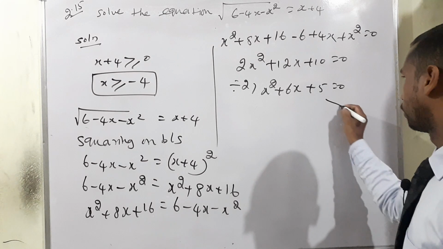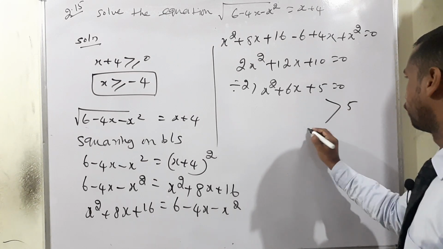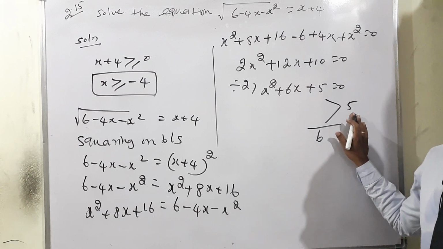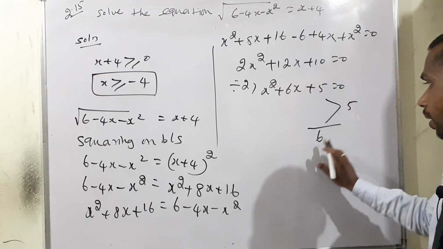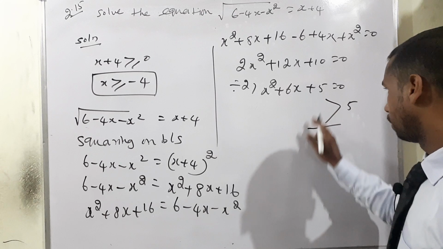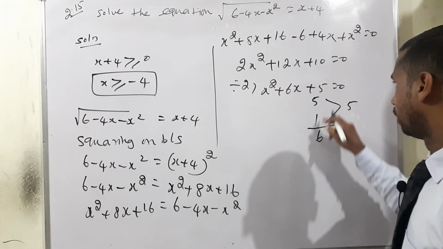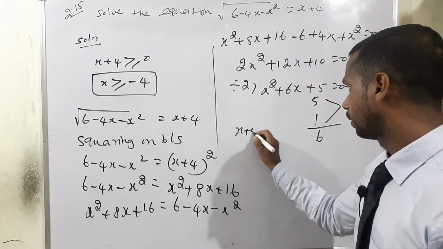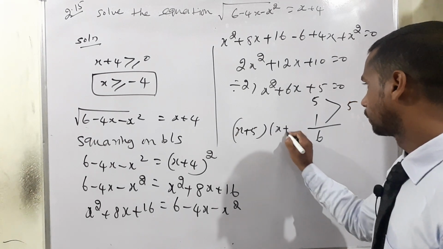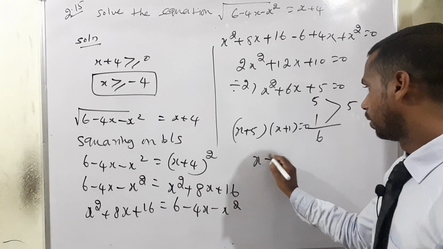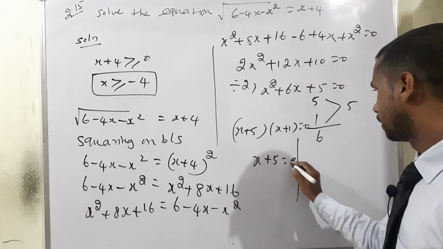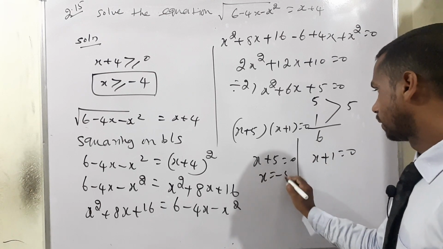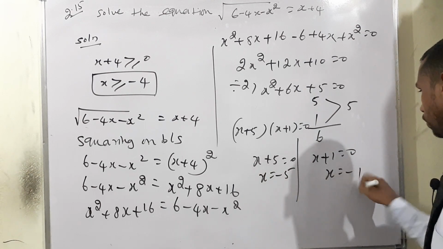Now the sum-product rule: product is positive 5, sum is 6. I told you, a positive product means both have the same sign, positive or negative, but since the sum is positive, only positive terms. So 5 and 1: 5 into 1 is 5, 5 plus 1 is equal to 6. Therefore the factors are x plus 5 and x plus 1 equal to 0. Dividing into two parts: x plus 5 is equal to 0 and x plus 1 is equal to 0. So x is equal to minus 5 and x is equal to minus 1.